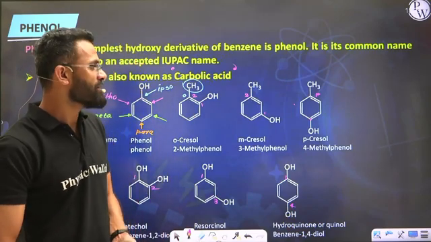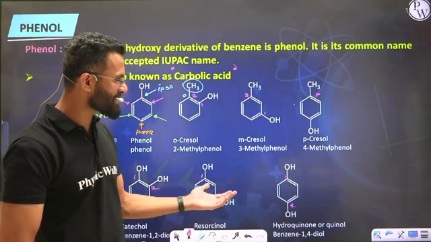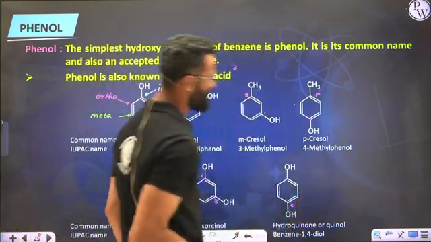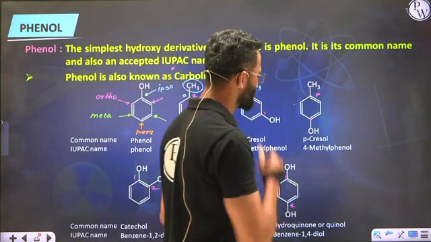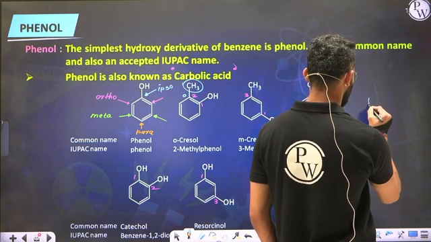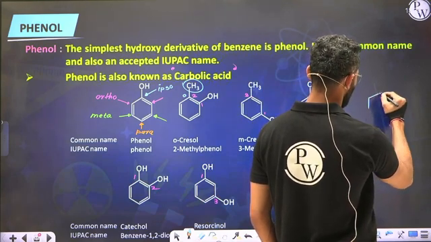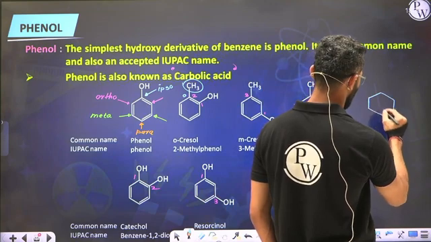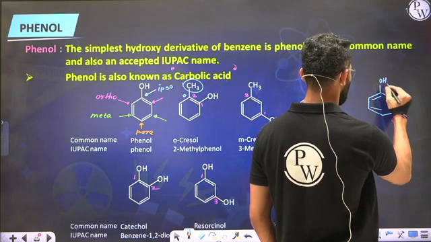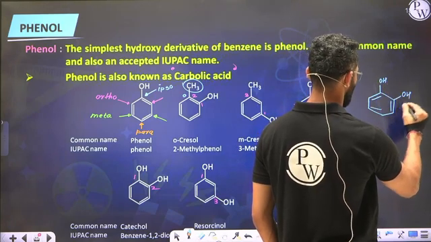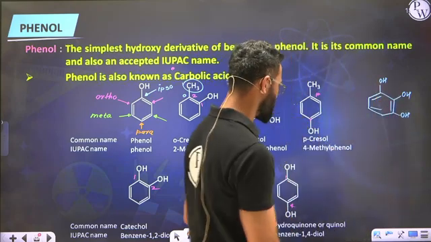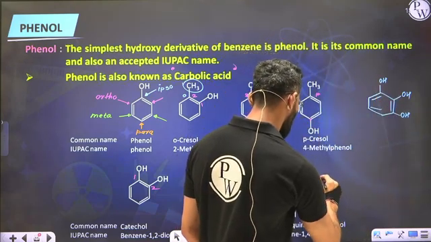Alright everyone. Other than this, there are some trihydric phenols that also exist. I'll just give you an introduction to those as well. I'm writing some examples of trihydric phenol. Let's say you have 3 OHs adjacent to each other, which you can also call benzene 1, 2, 3 triol. Of course, we'll come to the common name.